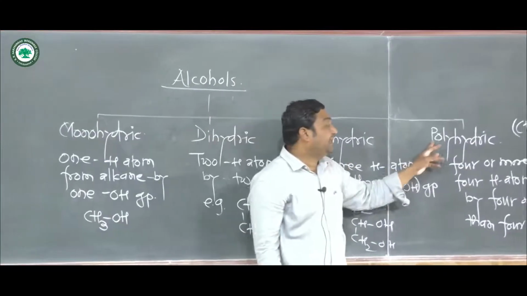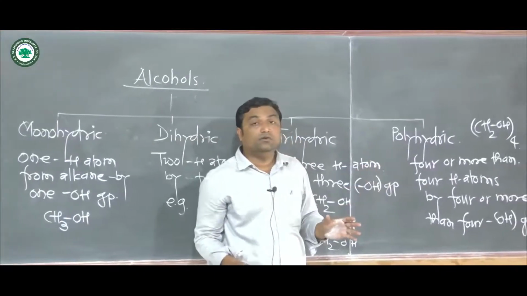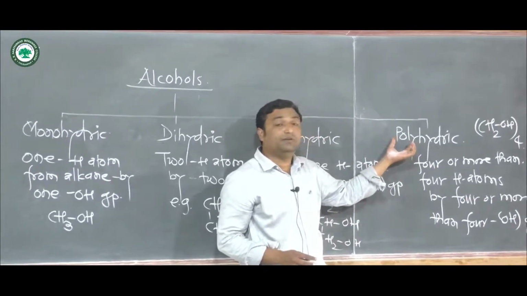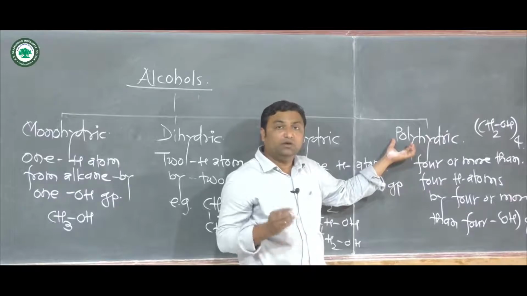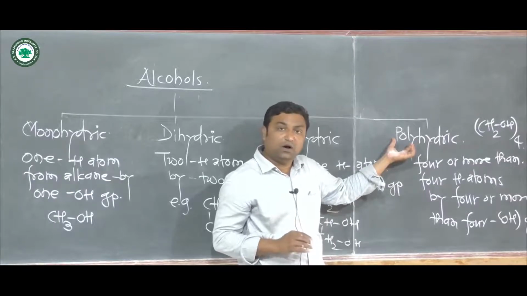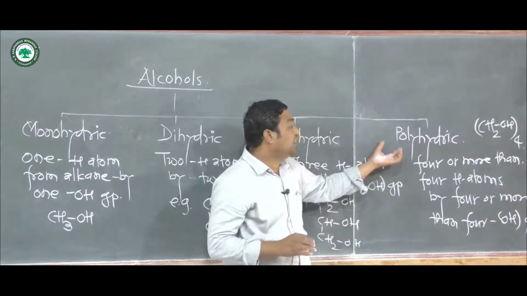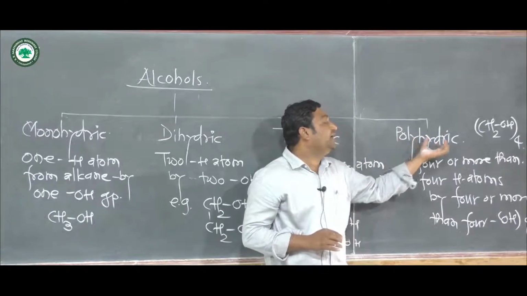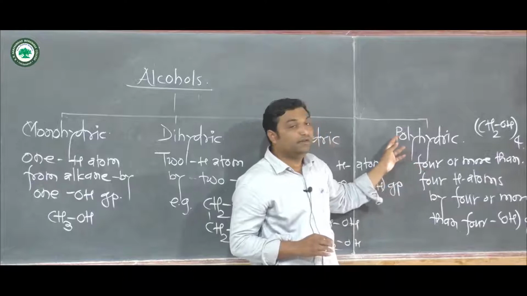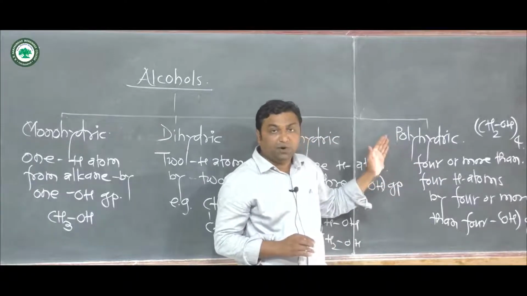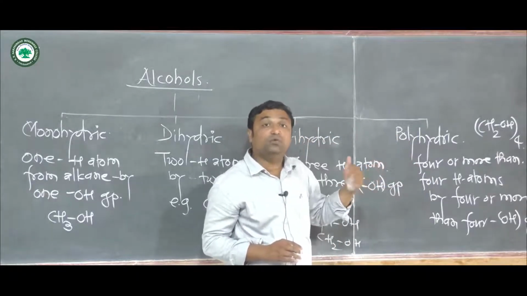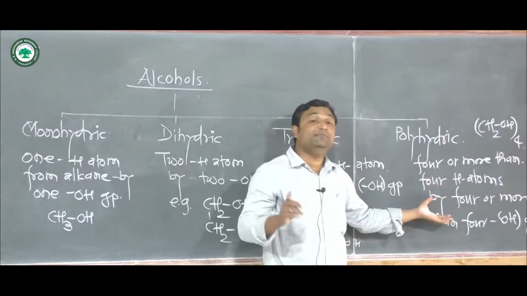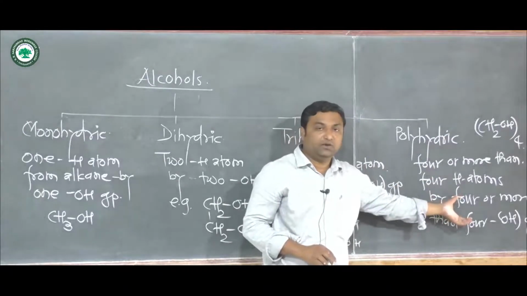And the last type collectively consists of tetrahydric alcohol, pentahydric alcohol, hexahydric and so on. So collectively I use here polyhydric alcohol, which involves replacement of four or more hydrogen atoms from an alkane by the same number of hydroxyl groups.